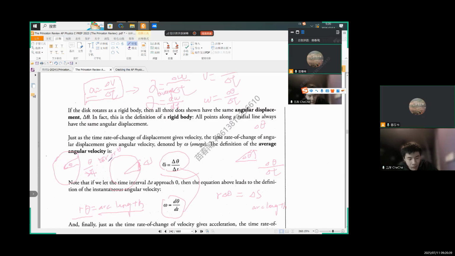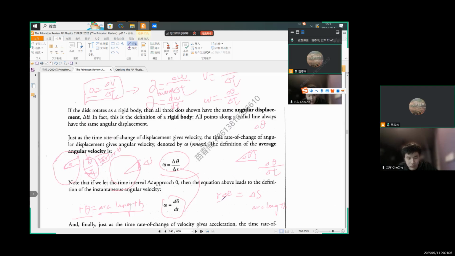I'm using the fractional part of the entire circumference, 2 pi r. This theta is of course in radians. Theta over 2 pi, or if it's in degrees, theta over 360 degrees. So now I've proved arc length is r theta.